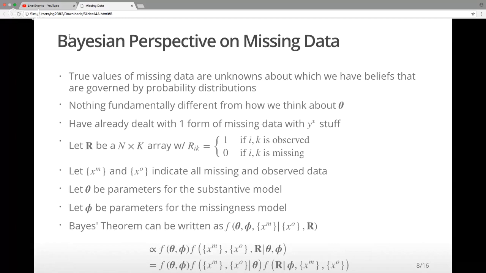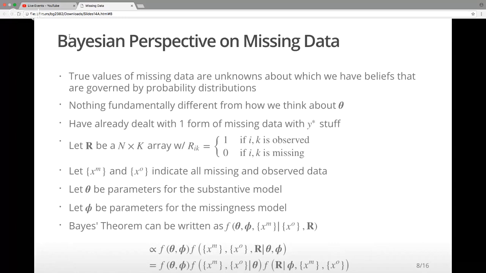But when you have data missing because people refuse to answer, or the government refuses to make some information available, you can think about this n by k binary array, which we'll call R. The cell in the ith row and kth column of R is 1 if the kth variable is observed for the ith observation, and 0 if it is missing.